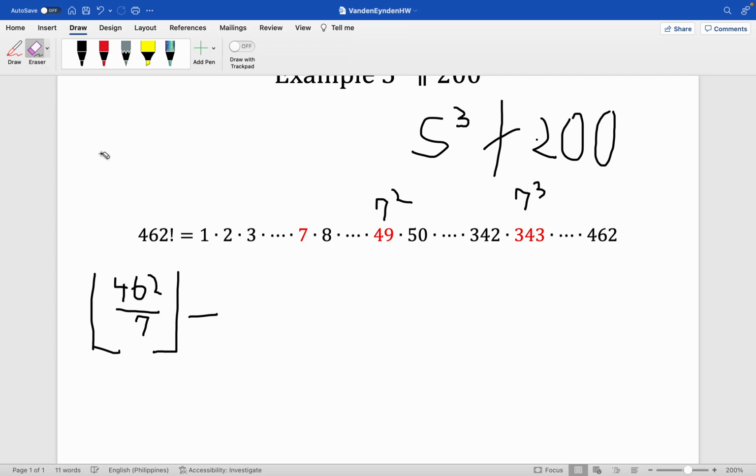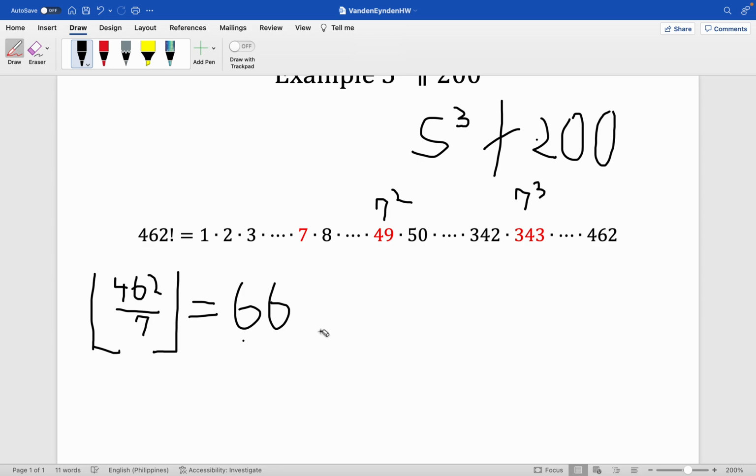I don't have the calculator handy here, but I believe that would be 66. All right, folks, 66. Again, 7 times 60 is 420, 7 times 6 is 42. So this is correct, and there's no rounding actually going on right here.